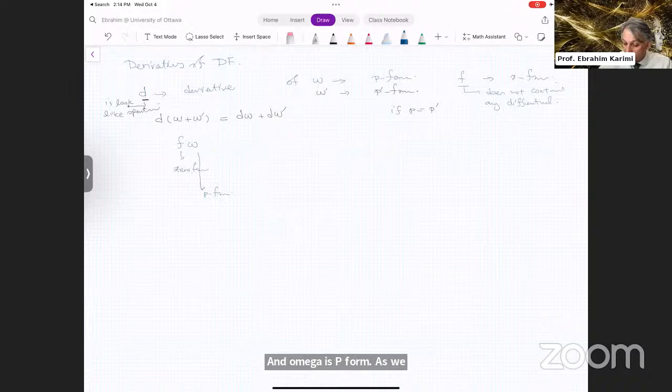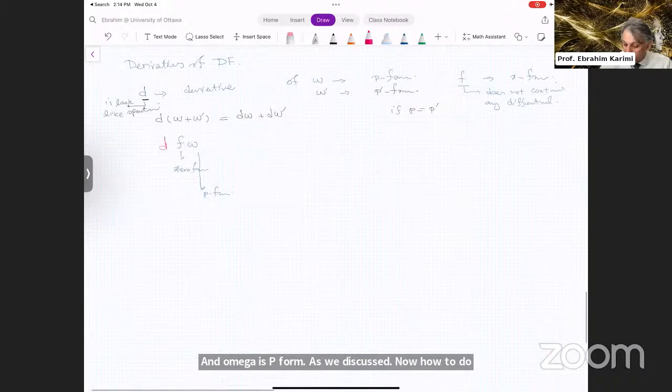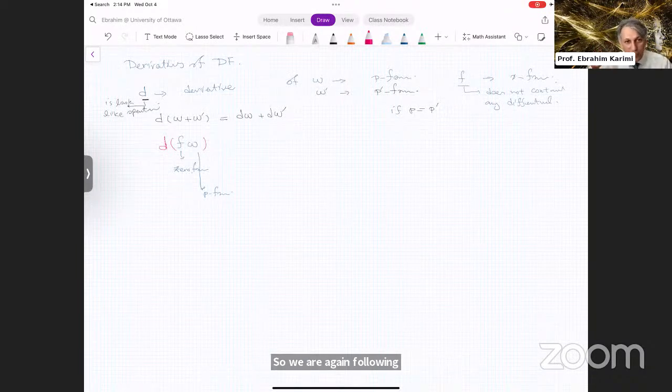Now, how do we take the differential d(F omega)? We are again following the same rule that we learned.